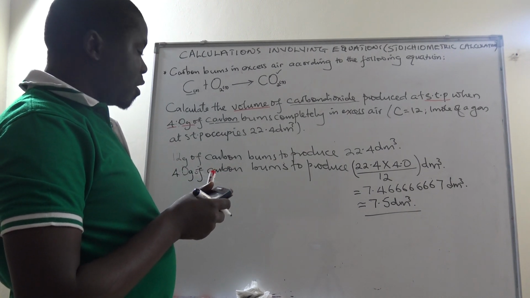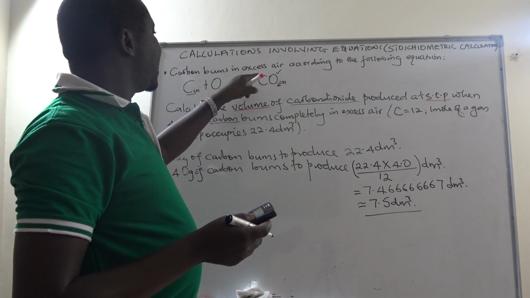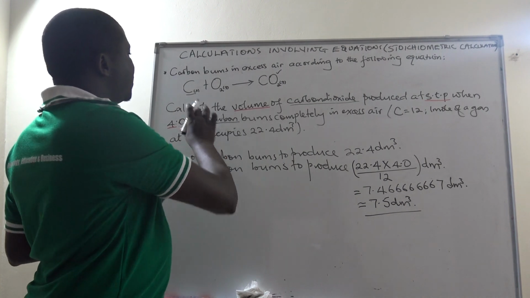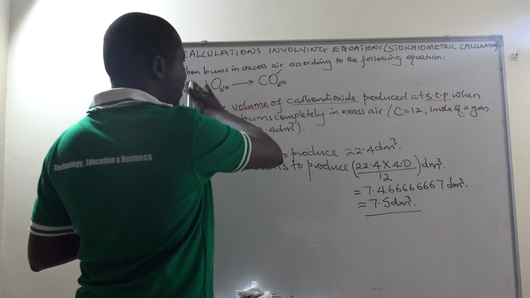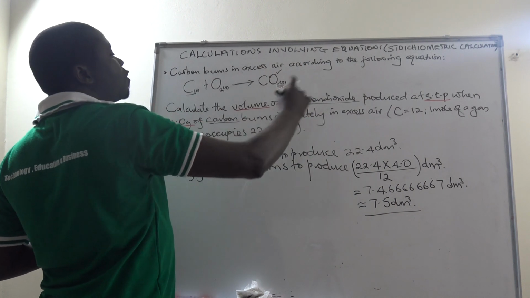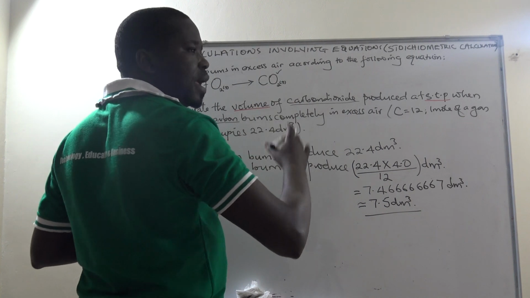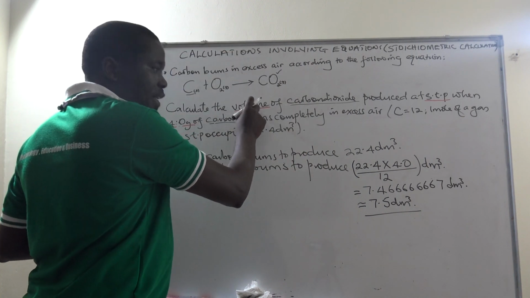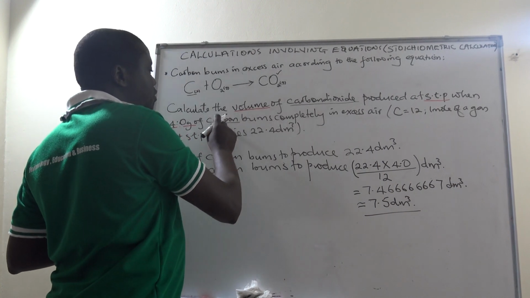So as you have seen from what we have done, we firstly identify the substances we are going to use in our calculation right from the question that we have after the equation, and after that we look at the number of moles and convert the number of moles to either mass or to volume as per what the question says.